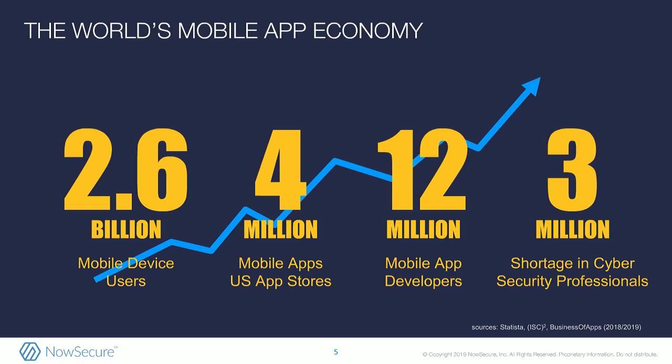So I'm just going to kind of get us started with scope. We had an event, NowSecure Connect 19, earlier this summer with a lot of customers and open source tooling makers and researchers, and it's pretty stunning today that there's over 4 million apps running on 2.6 billion devices. And obviously, if you're joining us today, you're either on the app dev side building those apps, or you're on the security side trying to help secure and test those apps.